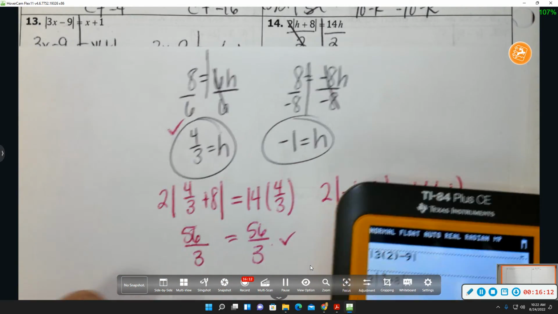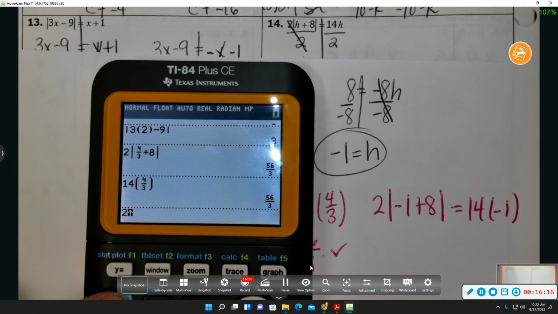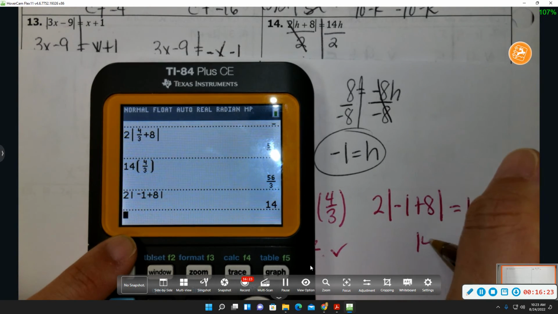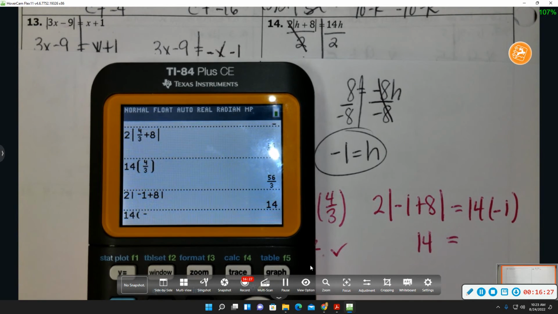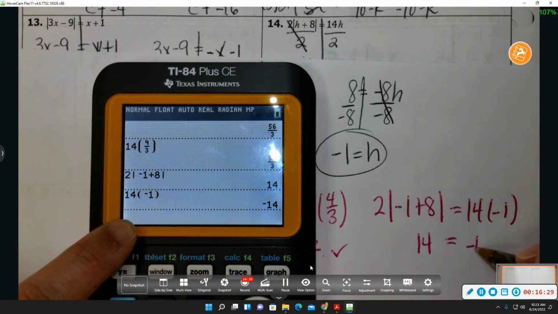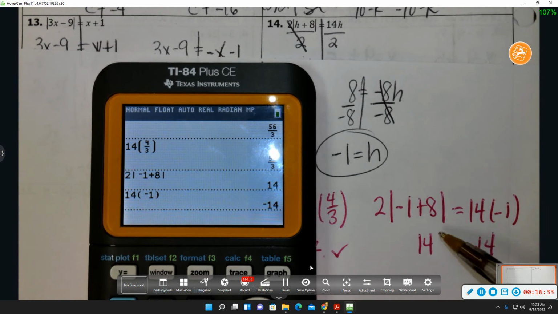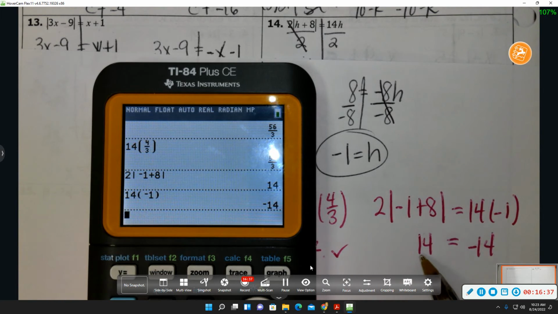So I'm going to type that in my calculator. 2 absolute value of -1 plus 8, and I get 14 for this side. Now I'll do the other, and I get -14. So whenever I plugged in -1, I should have got these two expressions to be equal to each other, but I got 14 for this one and -14 for this one.